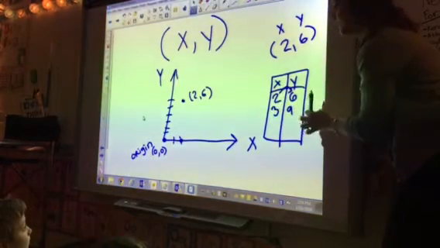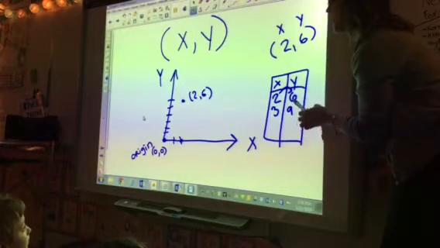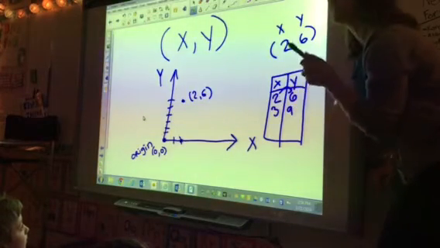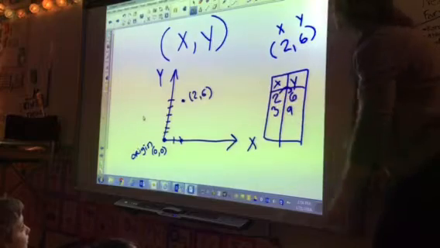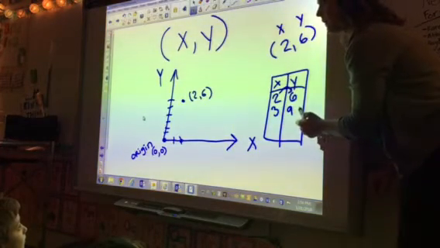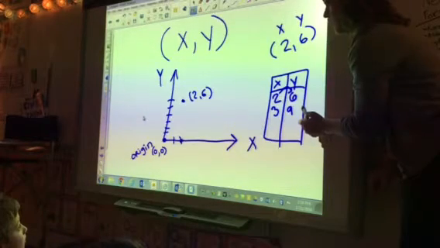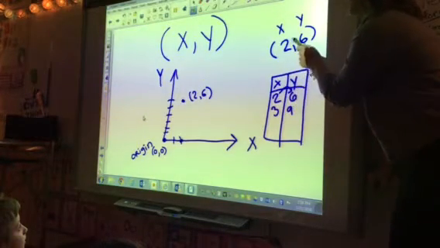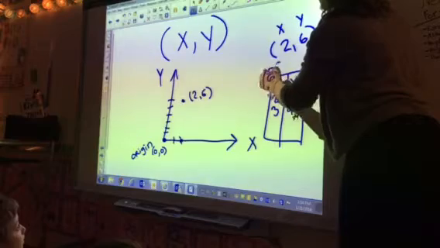Now, what are we clarifying that our rule is, Kaiden? 3. Is it additive or multiplicative? Multiplicative. So how would this look as an ordered pair? This is known as an ordered pair.